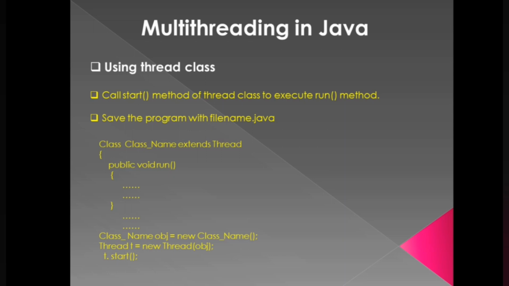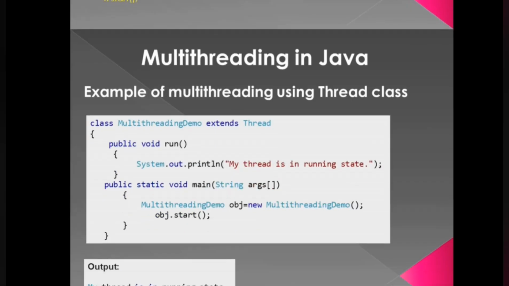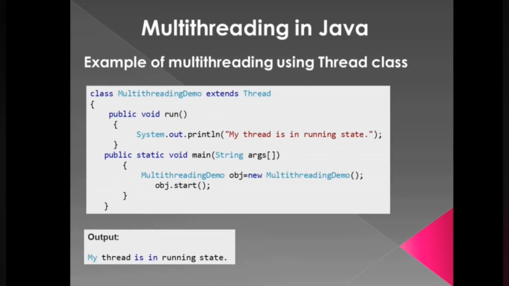Here we have a class name which extends the Thread class, and then we define the run method, and after that we create the object of the thread class and then start the thread. This is the example of multi-threading using the Thread class. Here we have MultiThreadingDemo extends Thread, and then the run method with System.out.println "my thread is in running state".